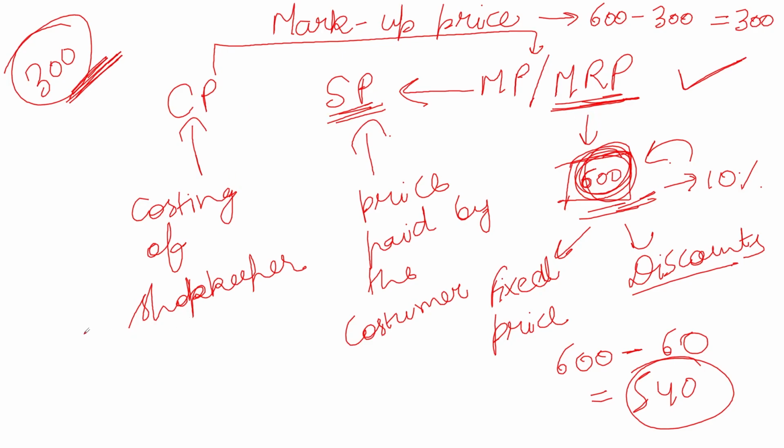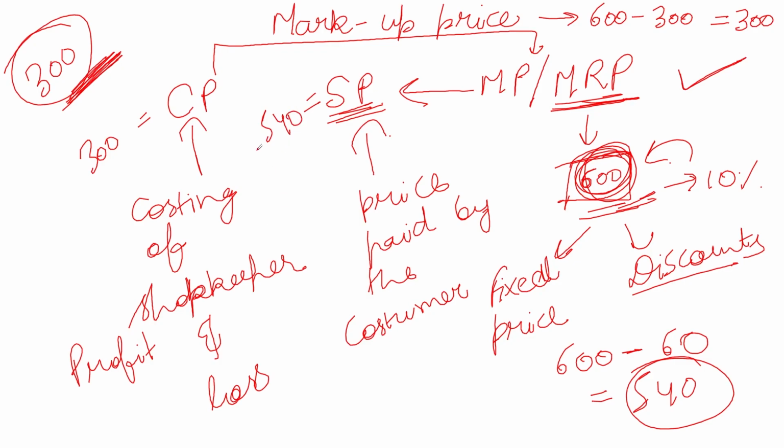Now, another important concept is profit and loss. If you see in the above example, the costing of the shopkeeper, that is the cost price, was 300, and he finally sold the teddy bear for rupees 540. So this is a clear-cut profit. You can see it's a profit of 240 rupees.